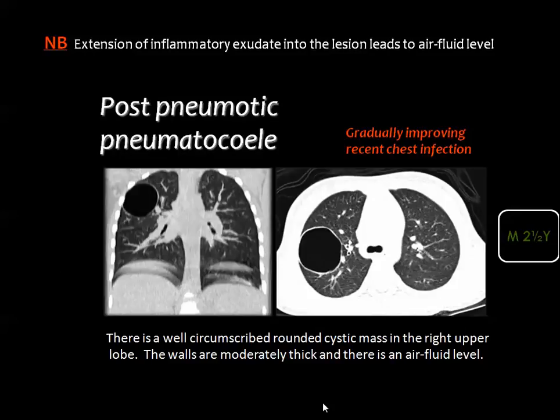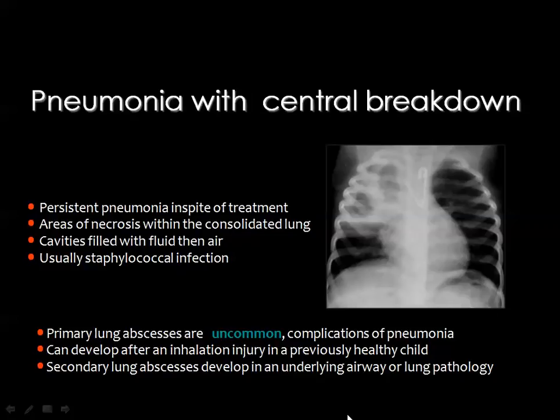Then this is a pneumatocele which is not infected. You see the thin margin, you see the air content, and the lesion is located within the lung parenchyma. As I have mentioned, primary lung abscesses are an uncommon complication of pneumonia in the pediatric age group.